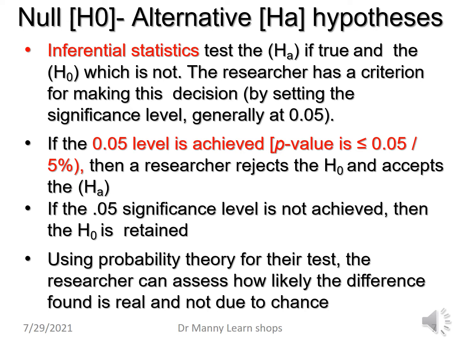If the 0.05 level is achieved, the p-value is less than or equal to 0.05 or 5%, then the researcher rejects the null hypothesis and accepts the alternative hypothesis. If the 0.05 significance is not achieved, then the null hypothesis is retained. Using probability theory for the test, the researcher can assess how likely the difference found is real and not due to chance.